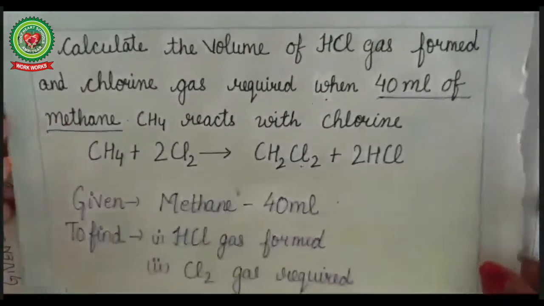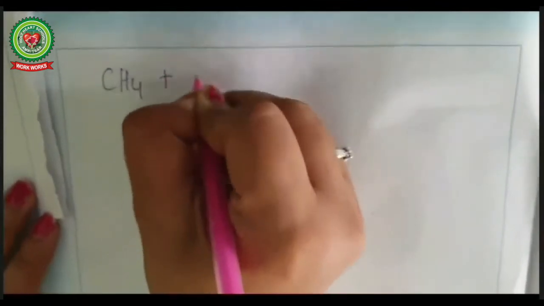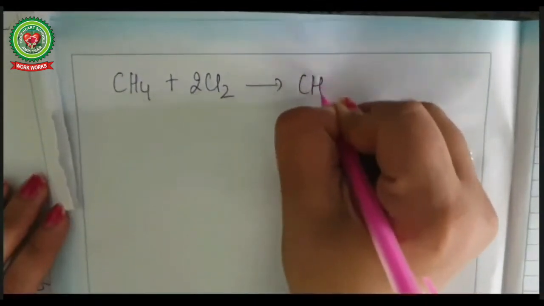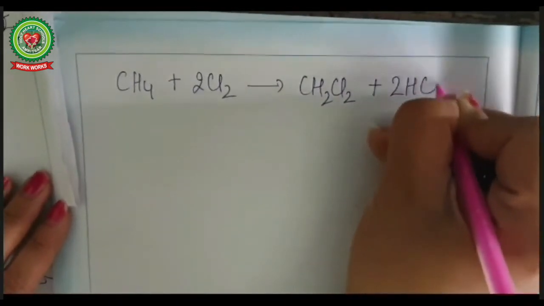So the first step, we are going to write the equation first. That is CH4 plus 2Cl2 will give CH2Cl2 plus 2HCl.